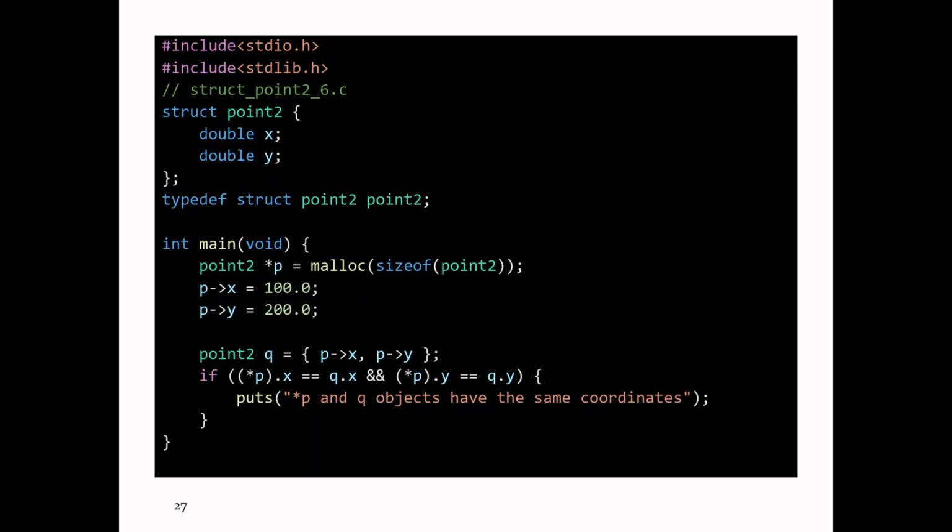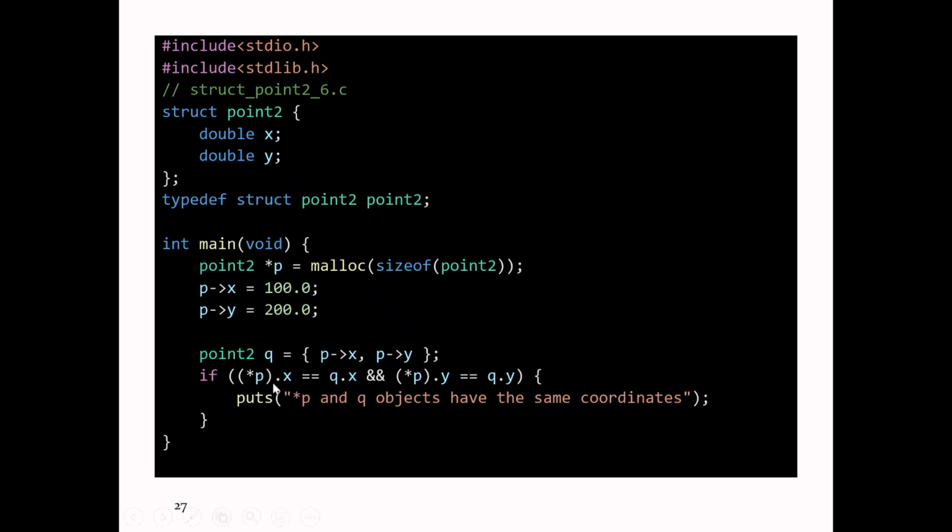So here, this is comparing whether or not two points are equal, where q is a point and p is a pointer to a point object. If I want to compare if the object pointed to by p has the same coordinates as q, I've got to do a lot of work myself.